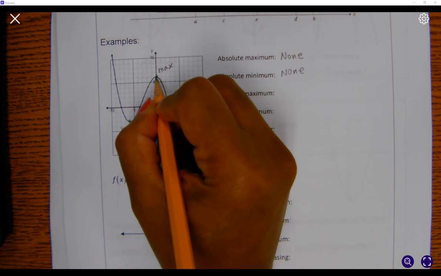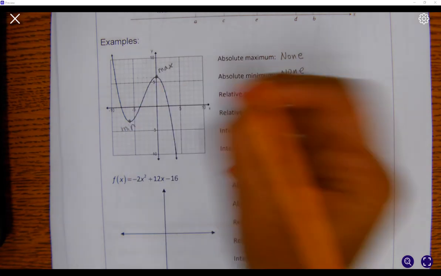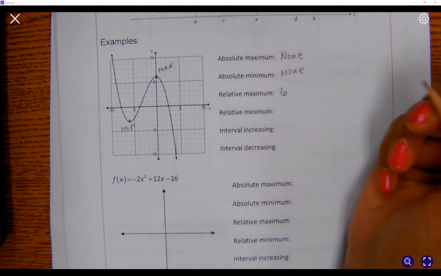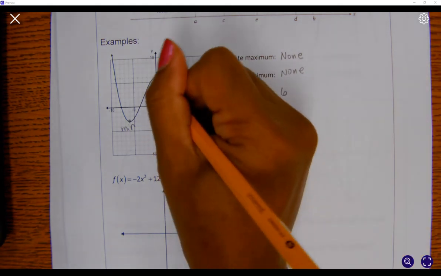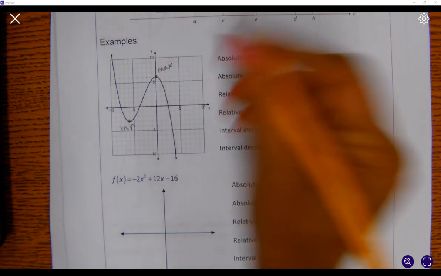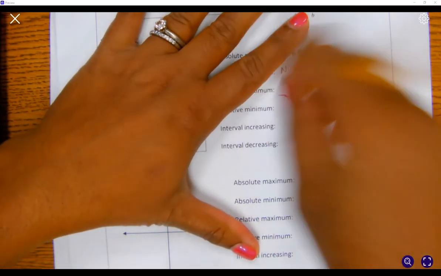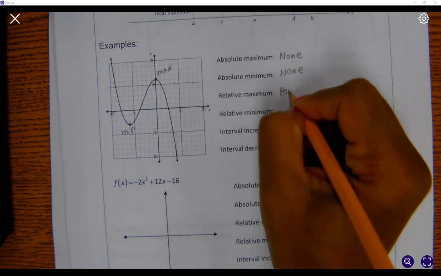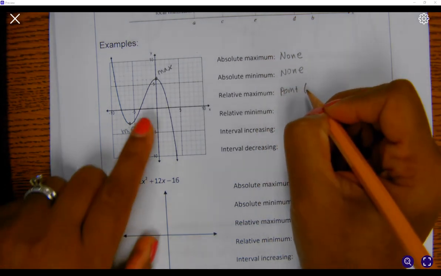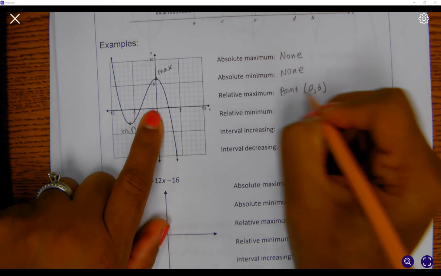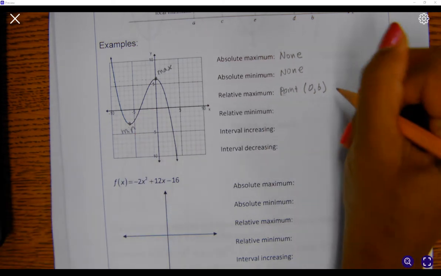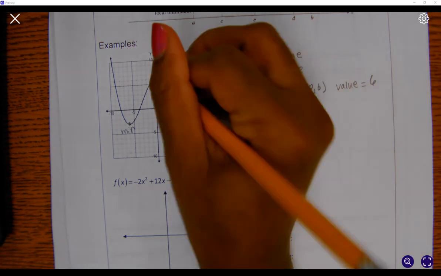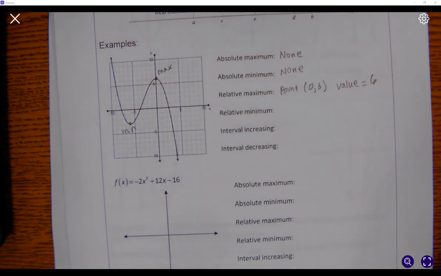So there's a relative maximum and value at y equals 6. So you can just write 6 here, or if you want, you can give that point right there. You can say there's a relative maximum at point 0, 6, and then the value is 6. Okay, we give the y coordinate.